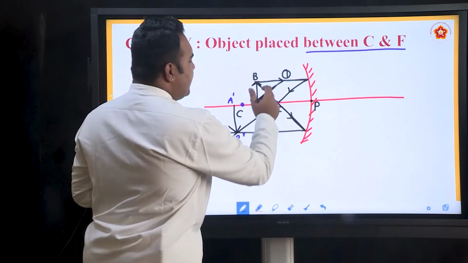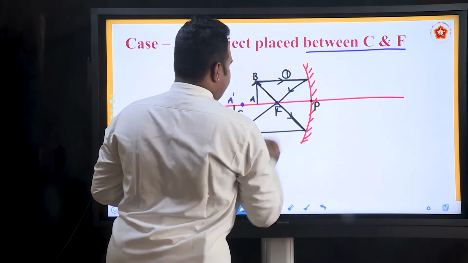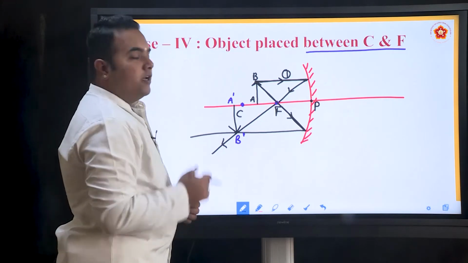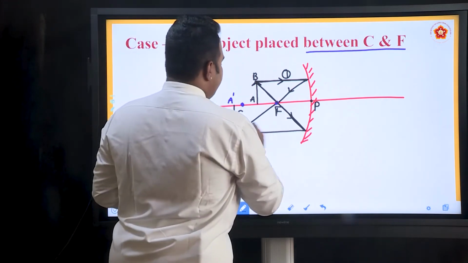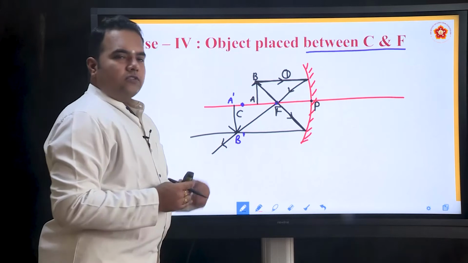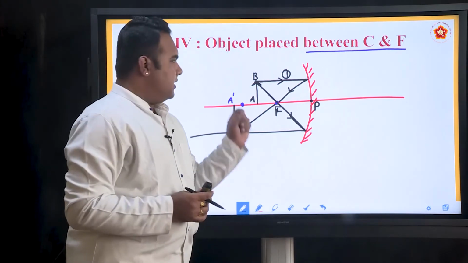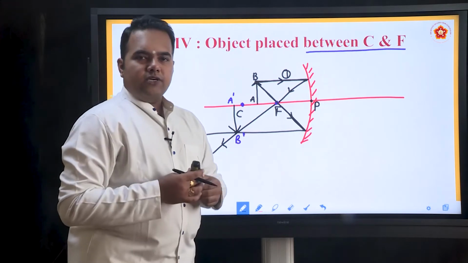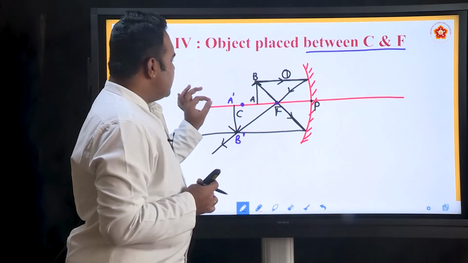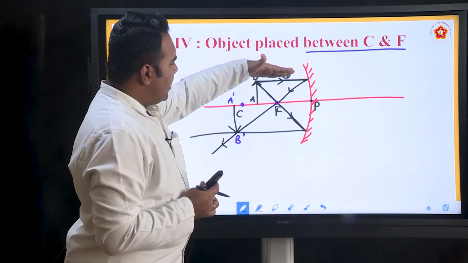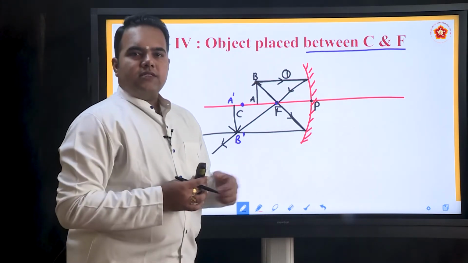Now, when I say parallel, this ray of light, this ray of light and the principal axis, all three are parallel. Though we have not used a scale, we should be able to depict them. But of course, when you want the exact measurements and exact positions of the images to be correct, you should draw it in a much better way with scale and pencil.